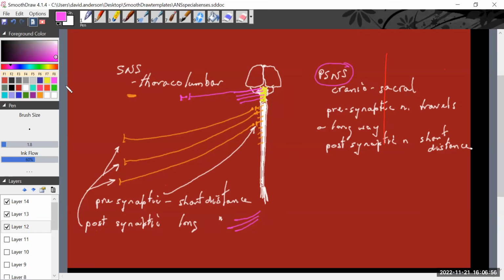So let's say that one was cranial nerve number 3. Oculomotor went to the eyeball, caused the eyeball to constrict. But cranial nerve number 10 travels a long ways and branches to all kinds of targets. It's going to branch to the heart. It's going to branch to all kinds of segments of the digestive tract, to the lungs, salivary glands, well, not so much the salivary glands, you've got the other cranial nerves for that.